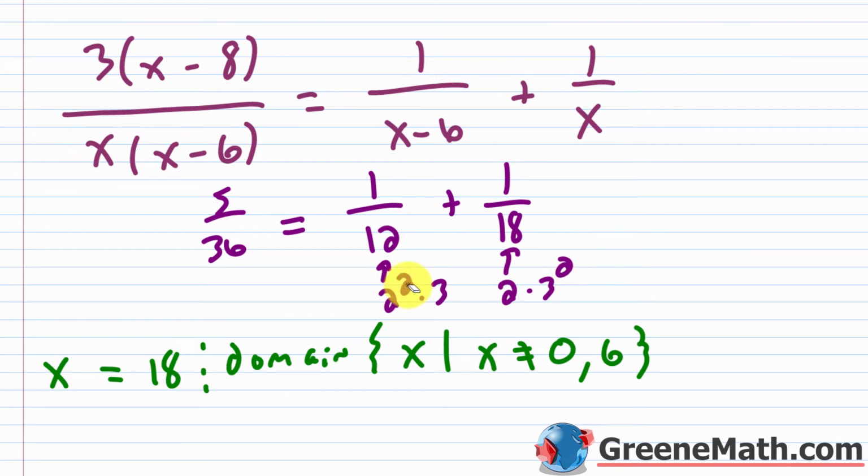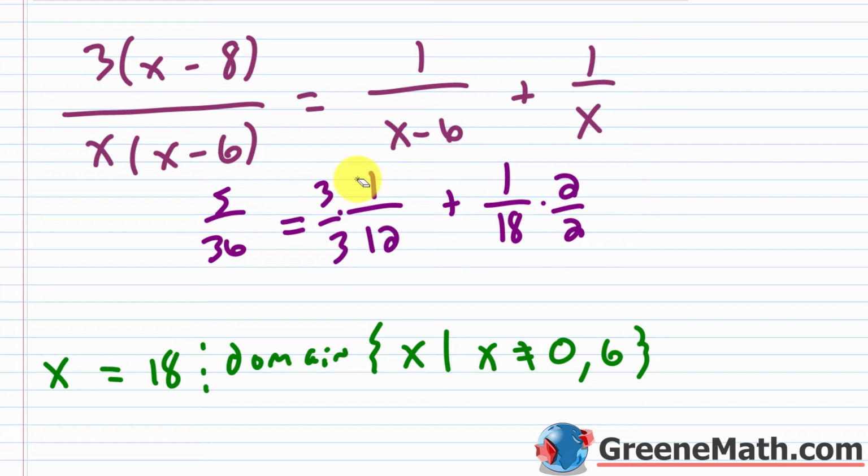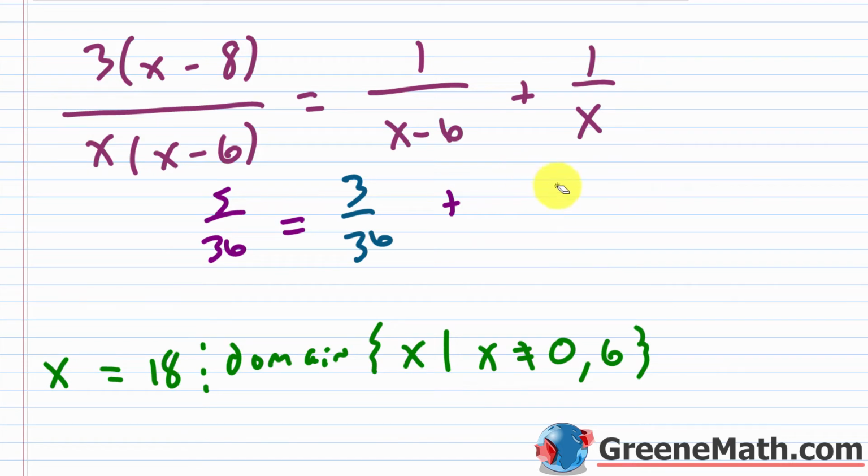So 36 is the LCD. So I'm going to multiply this by 2 over 2. And I'm going to multiply this by 3 over 3. And so you're going to get 3 over 36. So 3 over 36. And then plus, you're going to have 2 over 36. So 2 over 36. And obviously, this would be 5 over 36. So we have verified our answer here of x equals 18. Because again, the left and the right sides are equal. And of course, we do not have a domain violation here.